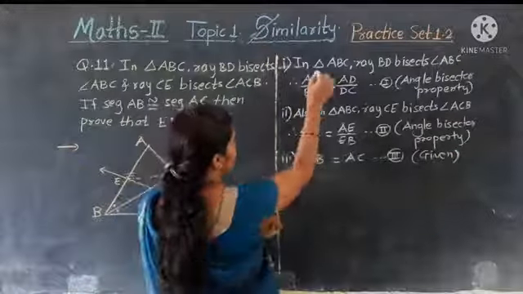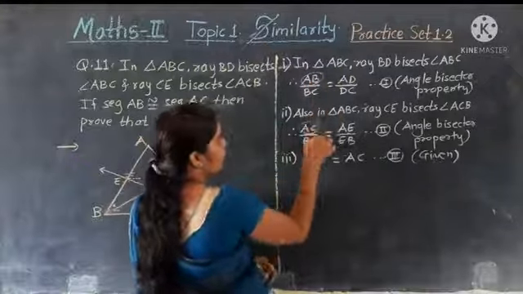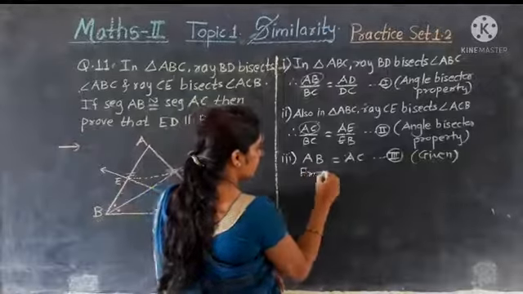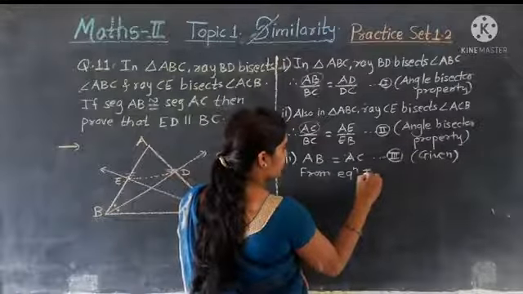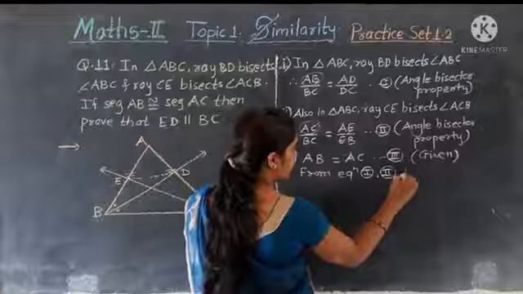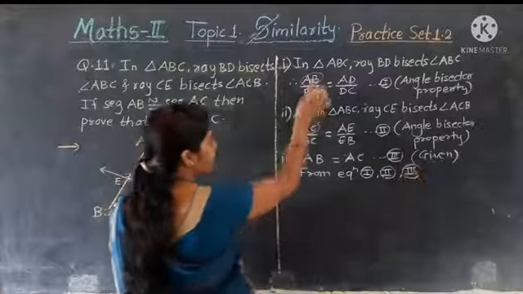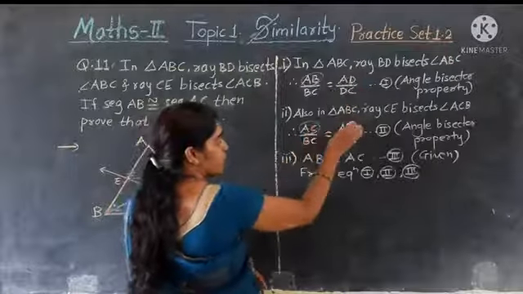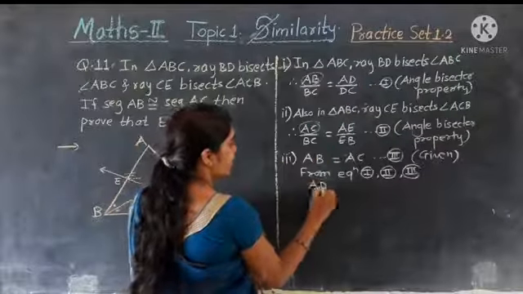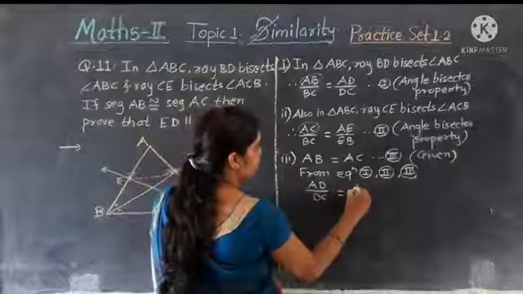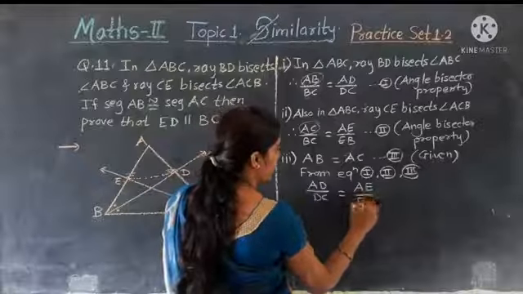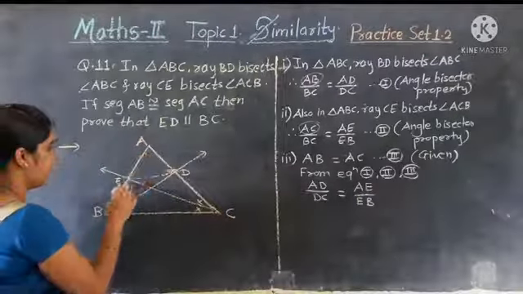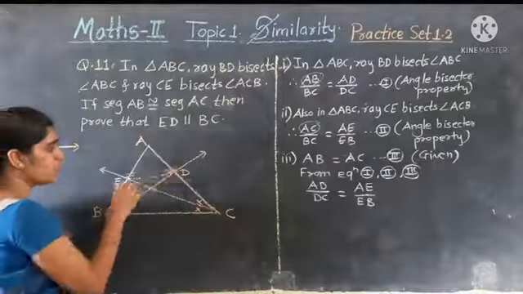AB and AC are the same, so the LHS becomes the same. Therefore the RHS becomes the same. From equations 1, 2 and 3, AD upon DC is equal to AE upon EB. We prove these two ratios are the same.